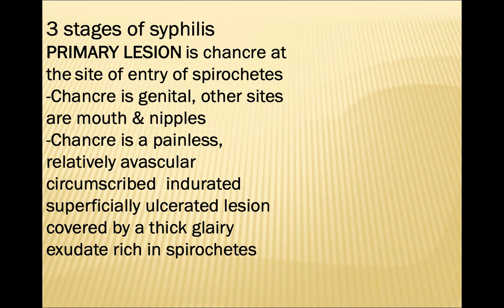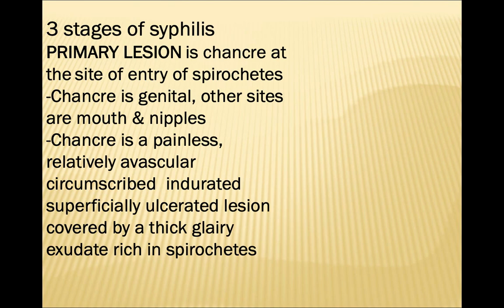The first stage is called the primary lesion. The primary lesion is a hard chancre. This begins as a single painless papule. The common sites where it can occur: in males, it is the penis; females, cervix and labia; homosexuals, anal, rectum or the mouth areas. This papule rapidly ulcerates.